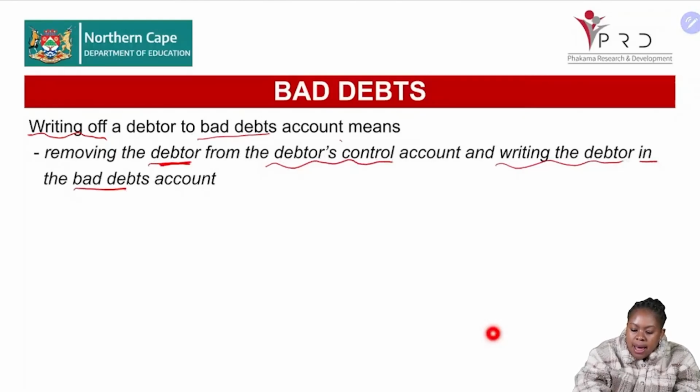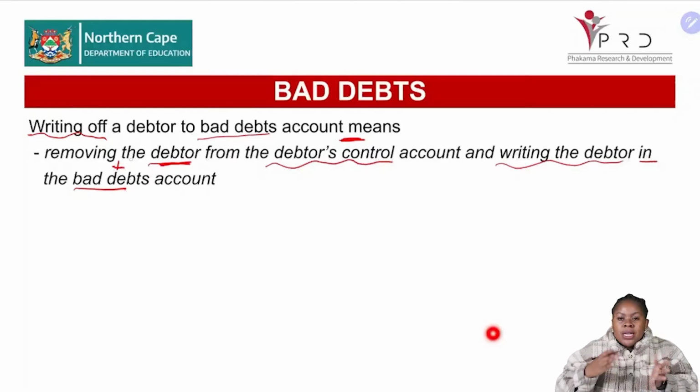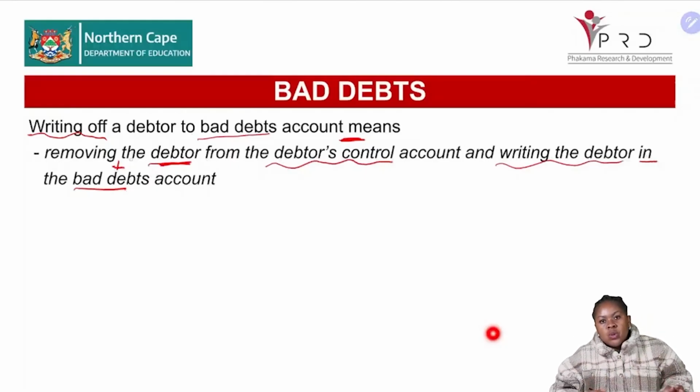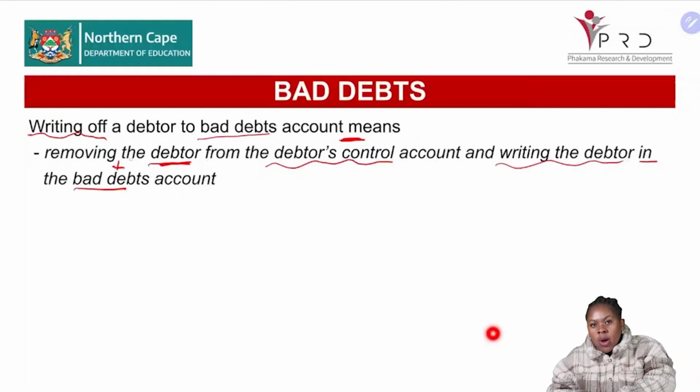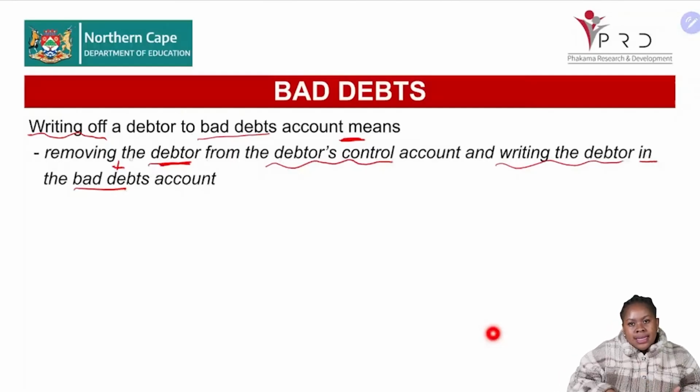So we are taking them out of here, which will obviously be a negative, and then we are going to add them to our bad debts. Or sometimes they might have made an error, then you will do the reverse. So you must be ready to write them off accordingly. And you must also be able to interpret when they tell you that they made an error. They should not have removed that debtor. Then you need to do the reverse.